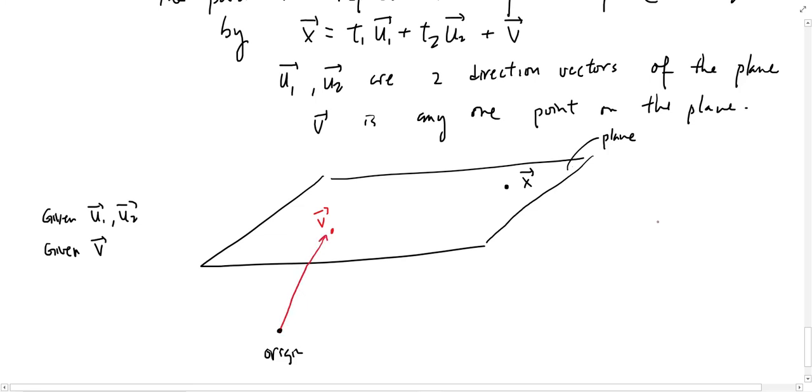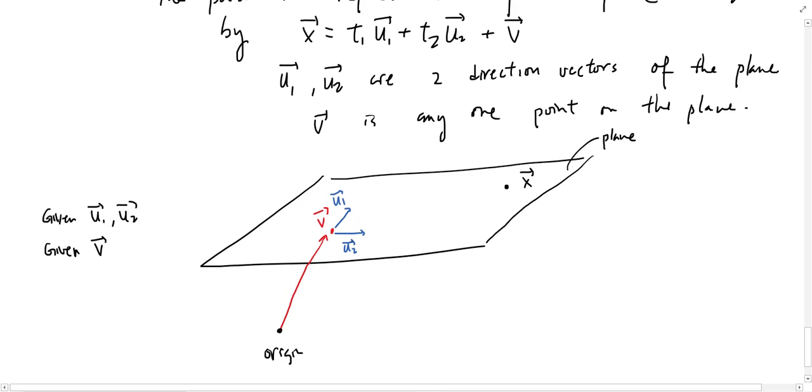This is my position vector that allows me to travel from the origin onto the plane. Then next, I have these two directions that I'm allowed to go. One of them is vector u1, and the other one is vector u2.